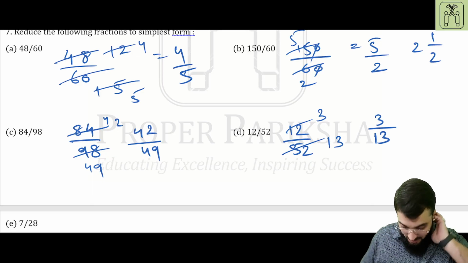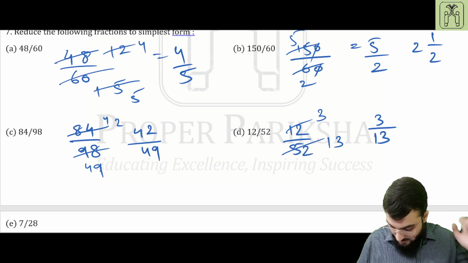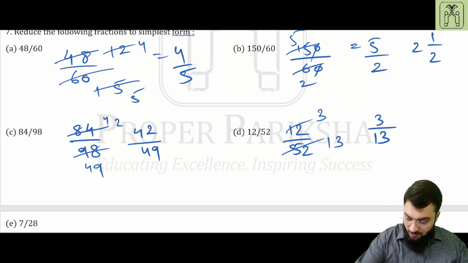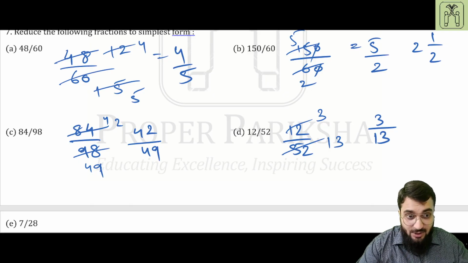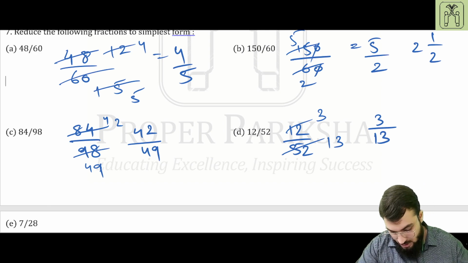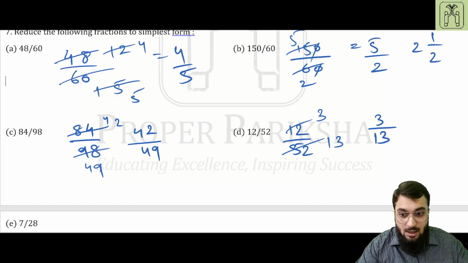So this is the answer for simplifying into simplest form. 4 upon 5, 5 upon 2, then 12 upon 52, so it will be, yes, 3 upon 13.